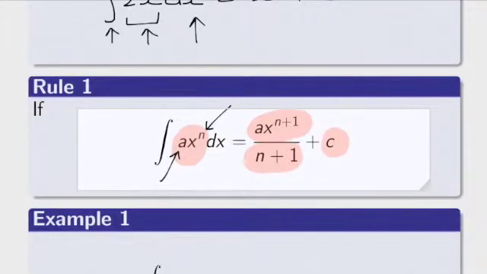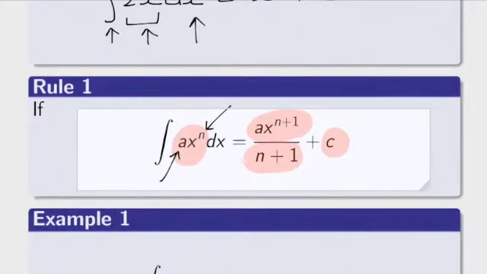So let's see how the result was obtained. The coefficient a on the left hand side remains the same on the right hand side. So the coefficient a does not make a difference. If it's present on the left hand side as a coefficient, it is still present in the result, final answer.